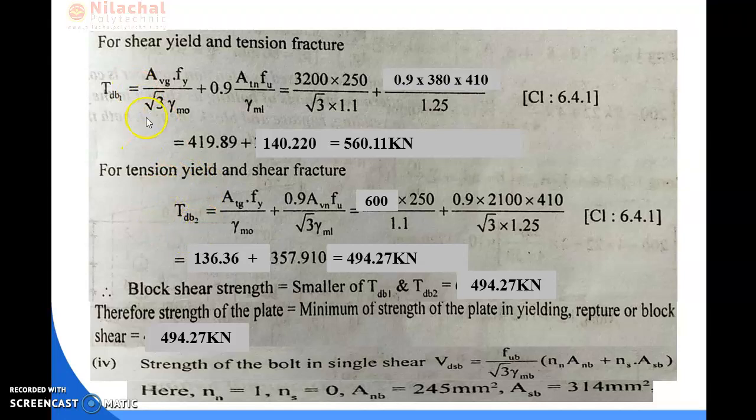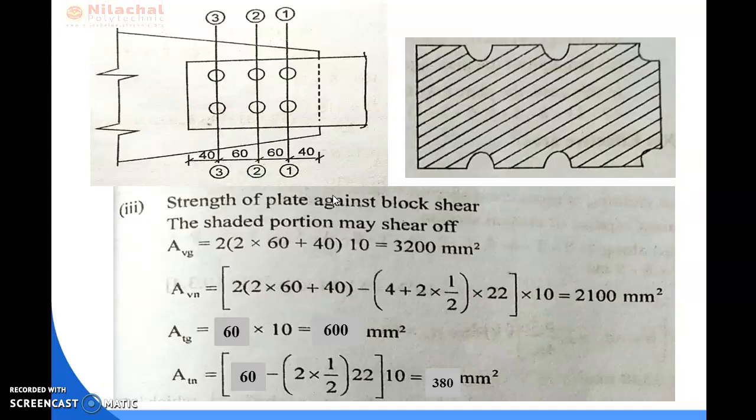To calculate these 2 values, we have to calculate the Avg value, Atn value, Atg value and Avn value. So first of all, we have to calculate these 4 areas for the block shear portion of the plate section.